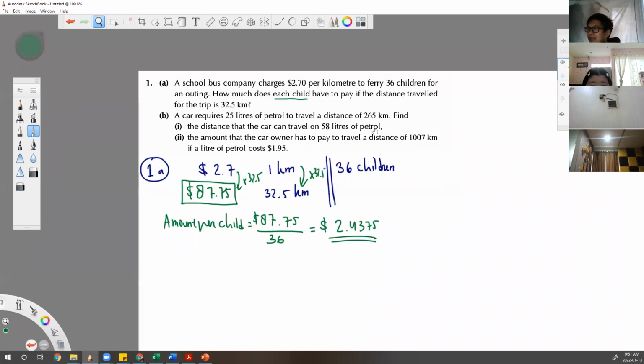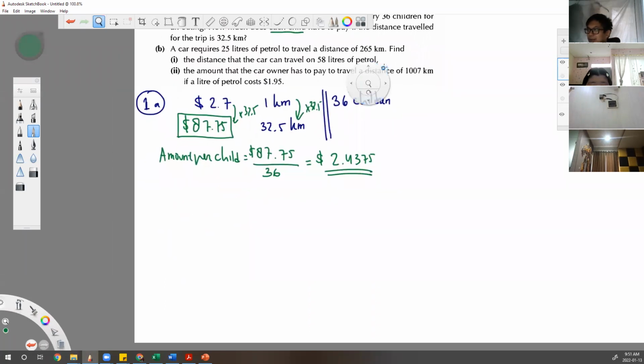Okay. Now question B. A car requires 25 liters of petrol to travel a distance of 265 kilometers. Find the distance that a car can travel on 58 liters of petrol.